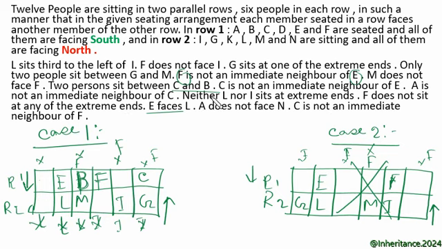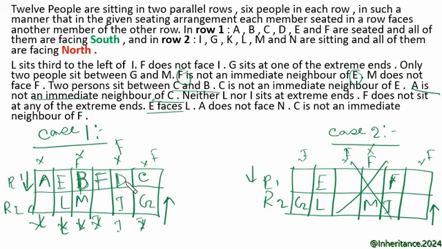Read this line carefully: A is not an immediate neighbor of C. So A is not here, so A must be here. If A is here, then D is left, and D has to be here, because we have placed 5 positions correctly and one is left.